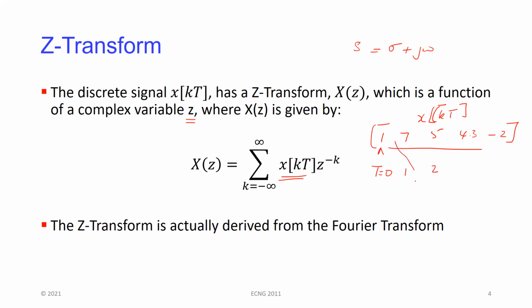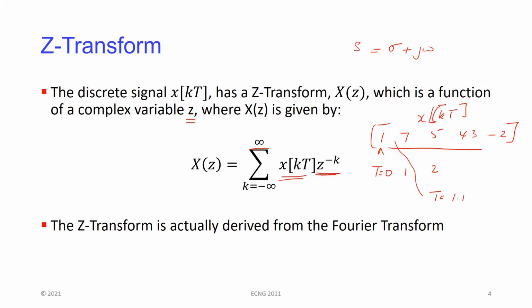There's no value in between, so there's no value at t equal to 1.1, for argument's sake. So you only have a set of values, and therefore the transform cannot have an integral. An integral is a continuous time behavior. Instead, we have a summation. You're just simply summing some values, and you have this power series in some variable called z.